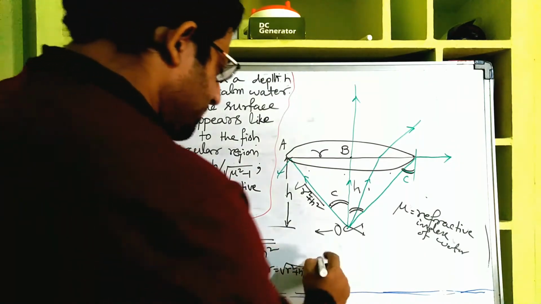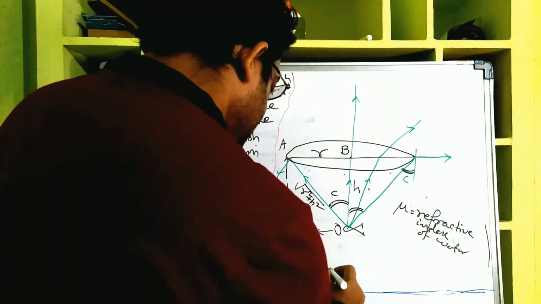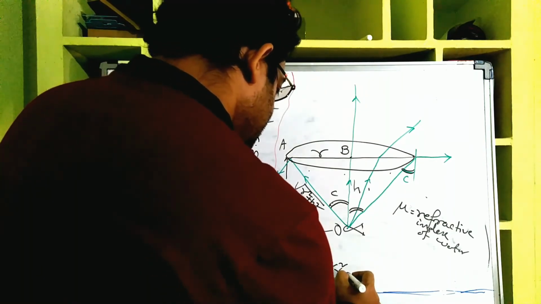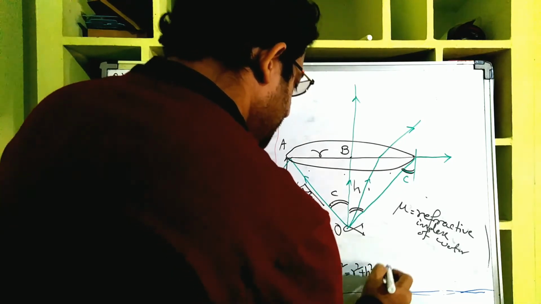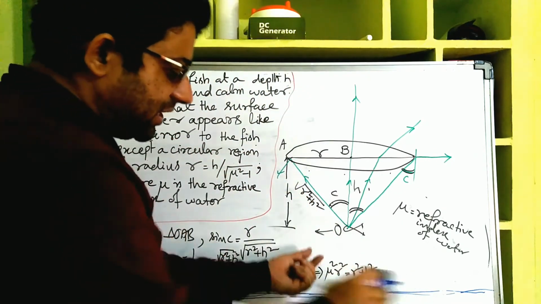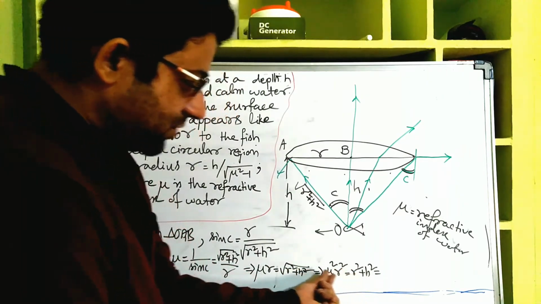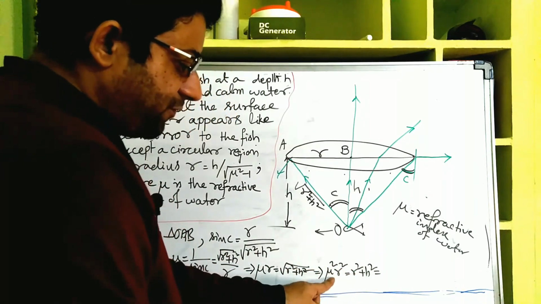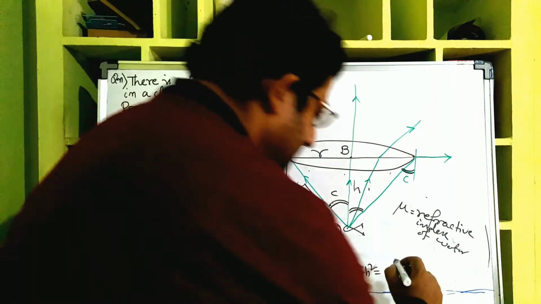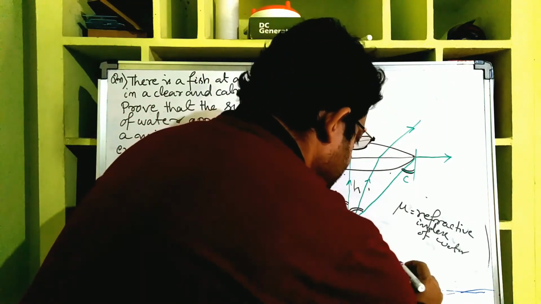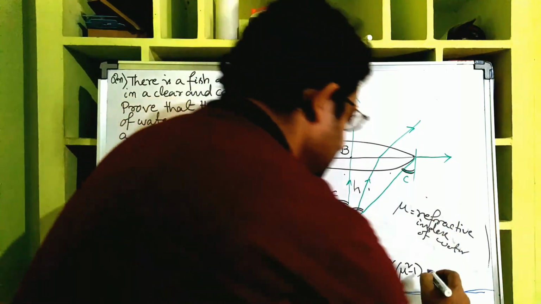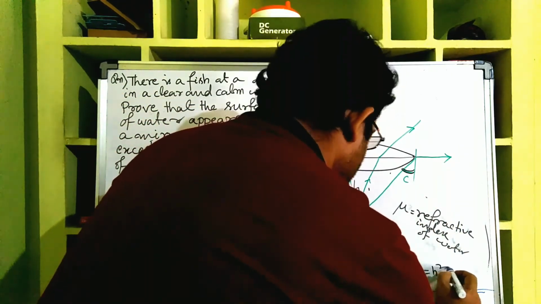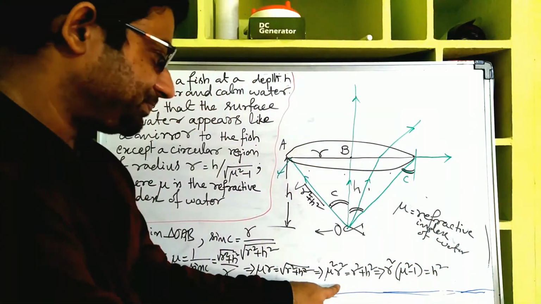Now square both the sides, implies that mu square R square is equal to R square plus H square. Bring this R square to the left. Is it visible? So R square, if you take common, it becomes mu square minus 1, so R square times mu square minus 1 is equal to H square. Am I correct?